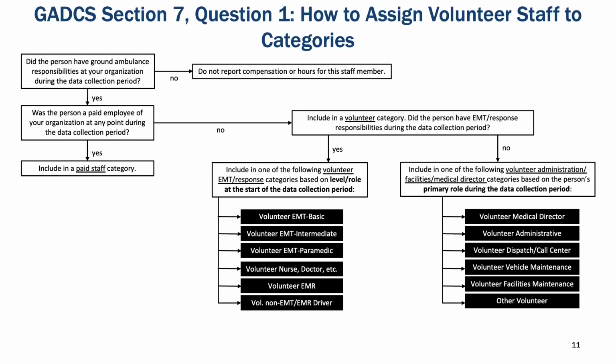Second, were they paid or volunteer staff at your organization? Third, did they have an EMT response role at your organization? Finally, which specific EMT response or administrative facilities category do they belong to? Answering these 4 questions for each of your staff members will tell you, in most cases, how they should be categorized for the purposes of reporting.